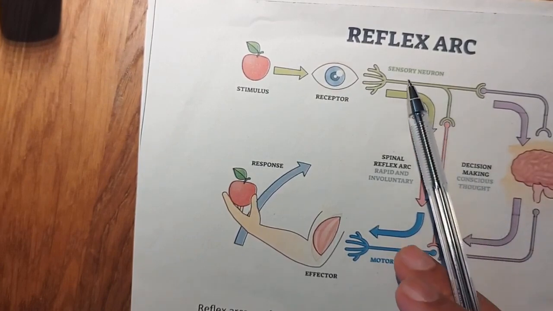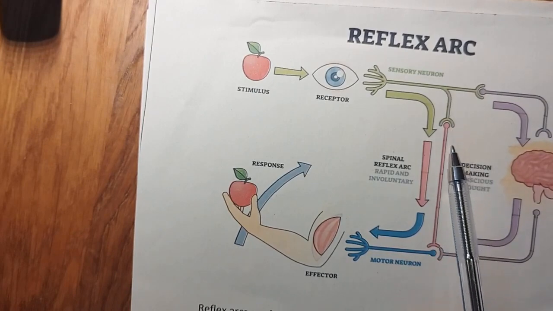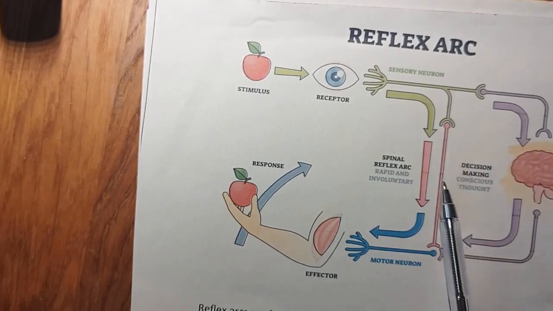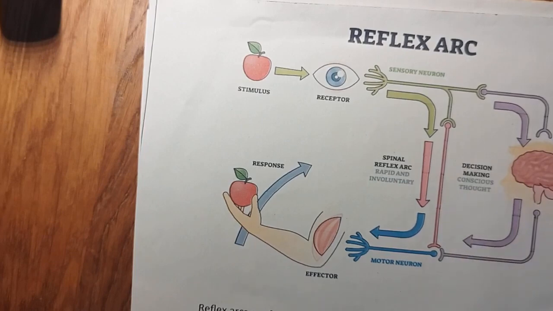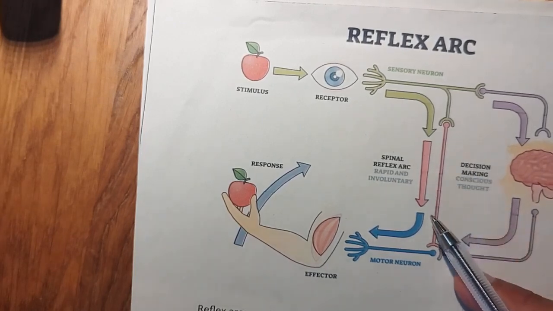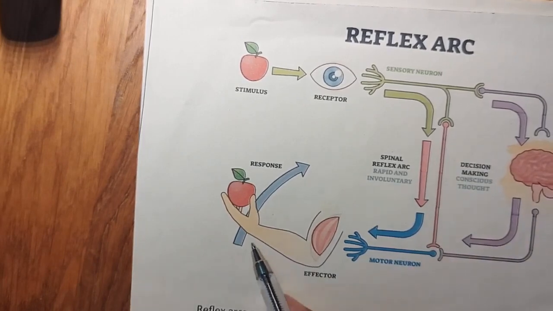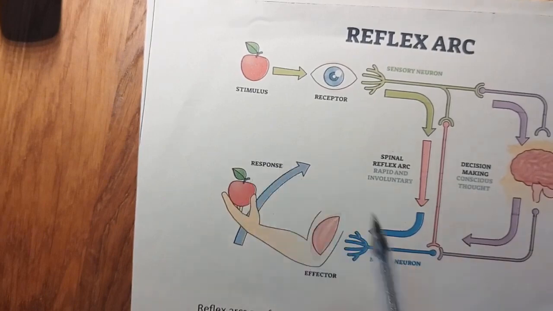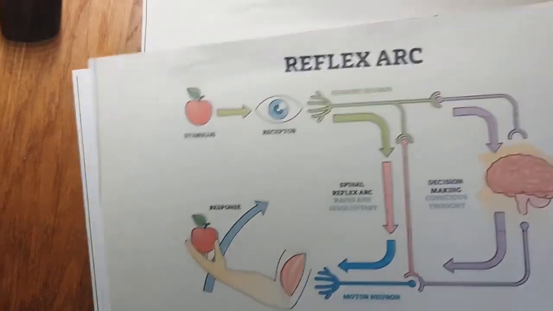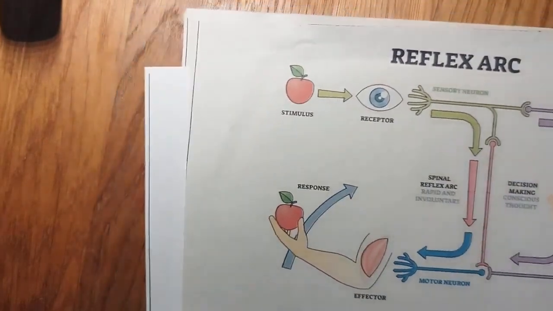Okay, so the sensory neuron sends the signals to the spinal cord intermediate neuron, that is called the relay neuron, and then that spinal cord relay neuron gives the signal to the motor neuron, and the motor neuron carries out the action of the muscles. I'll explain the same using the previous original diagram.